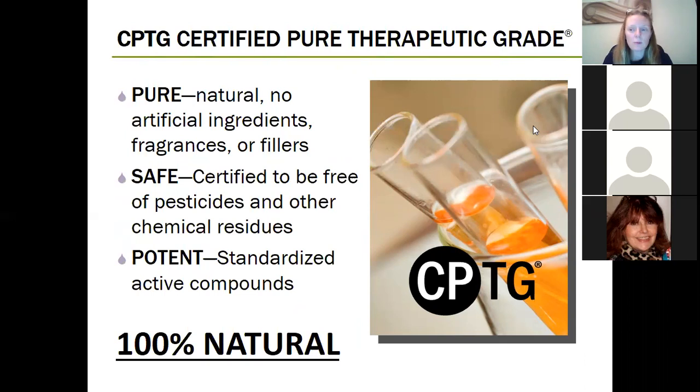So any company can put on their bottle that the oils are 100% natural, that they're organic, and that there's no pesticides or anything in there, because there's no governing body to stop them from doing that. And doTERRA really wanted to make sure that their oils were the best on the market, and that what you're going to experience is a really profound oil.